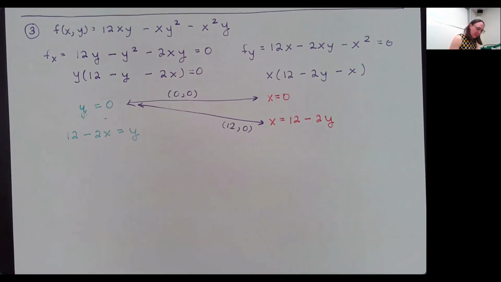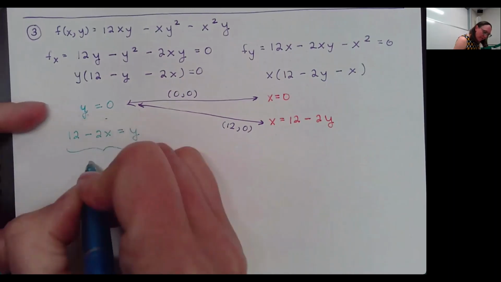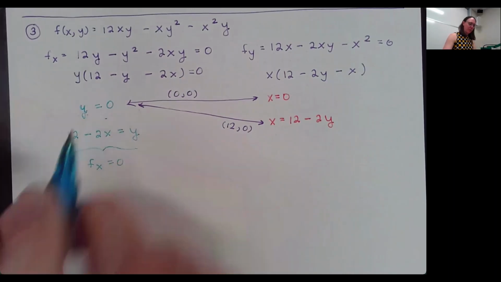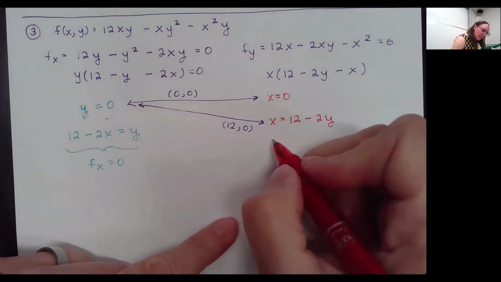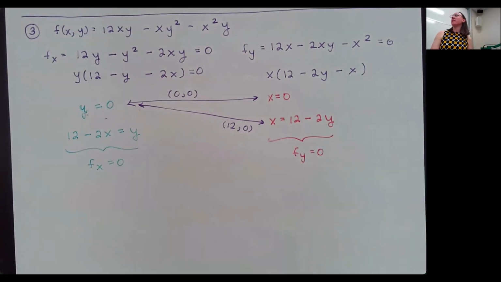So these are the conditions that came from setting my fx equal to 0. There's two possible conditions. And from setting my fy equal to 0, there are two possible conditions. And I kind of need one from column A and one from column B.